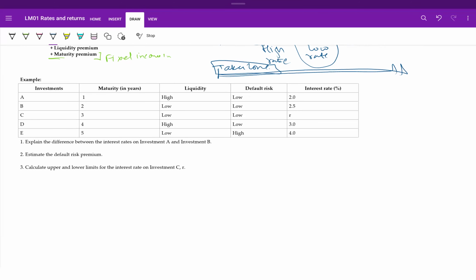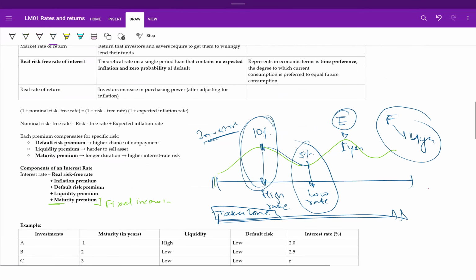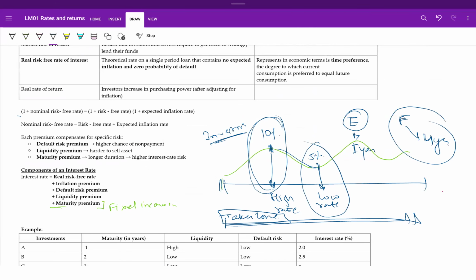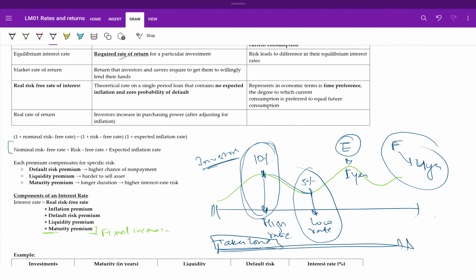And when we talk about the nominal interest rate, we have not discussed this thing. Nominal interest rate. The difference between the nominal interest rate and the risk-free interest rate, which is also known as the real risk-free rate.